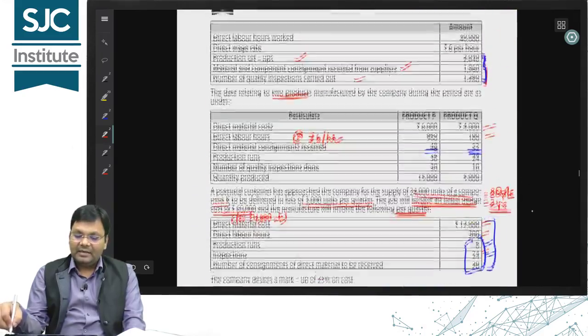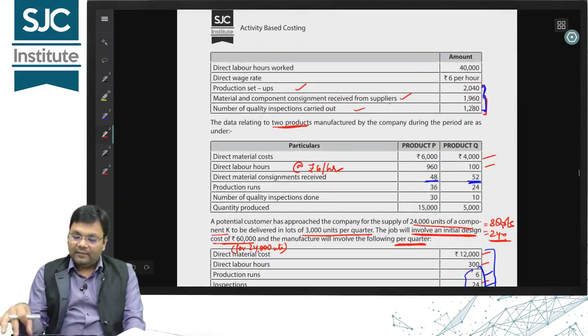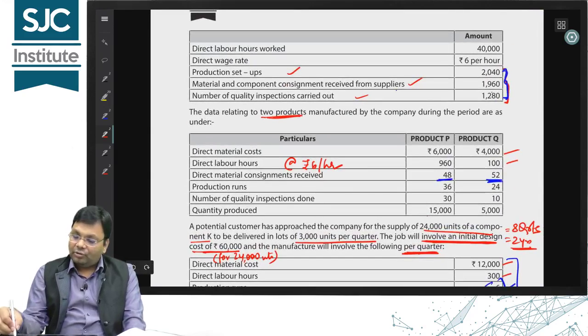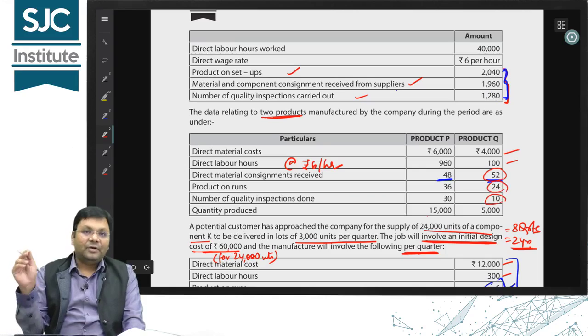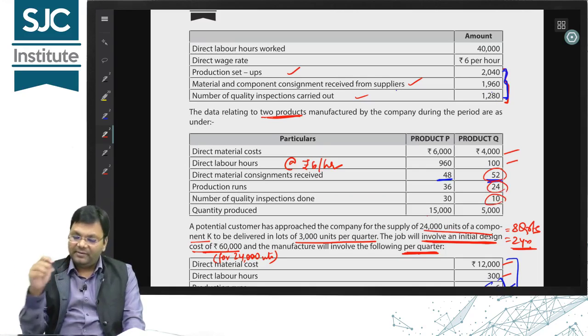In that case, we will see how the drivers of product Q can be reduced. So we can write comments like this. Recommendation number 1: you see, we have more consignments for Q. For P, we have 48 consignments for 15,000 units of production, and for 5,000 units of Q we have 52 consignments.